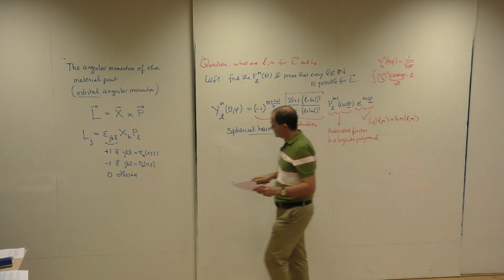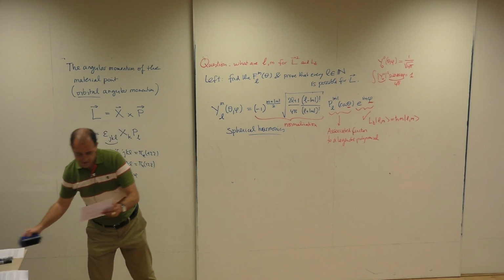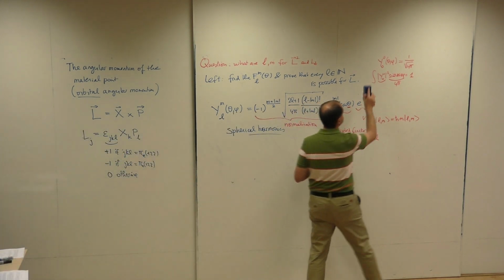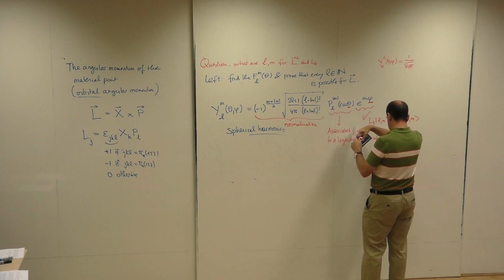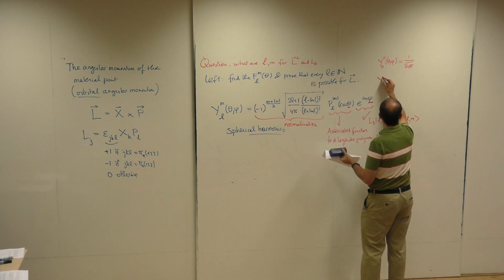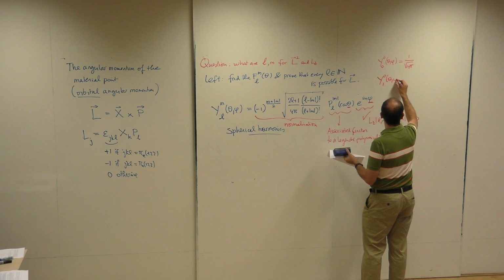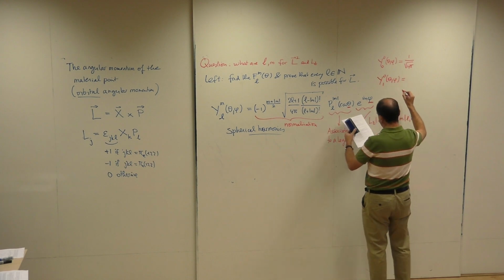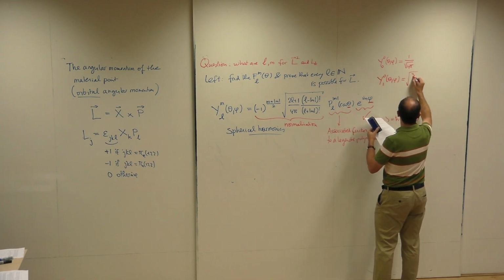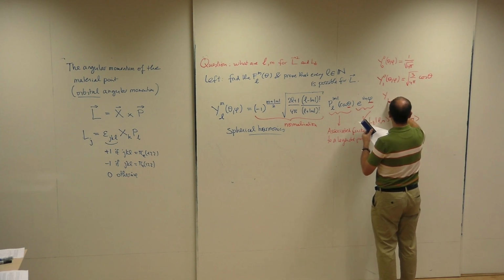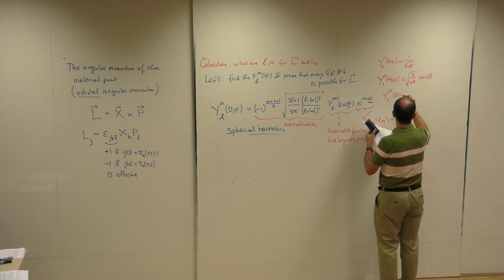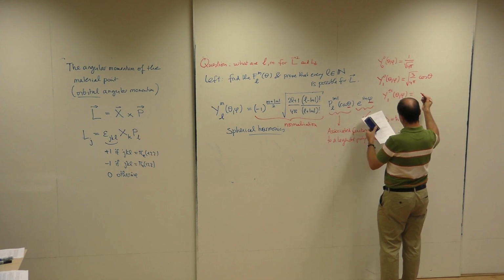And then the other ones are like cosine and sine. The one with m equals 0, L equal 1, is something like cos theta, and those with m equal plus or minus 1 are sin theta, essentially.